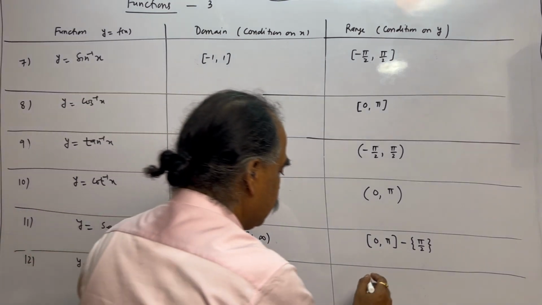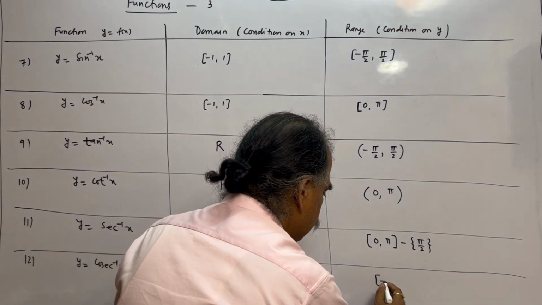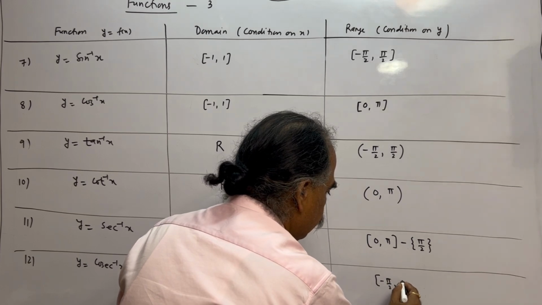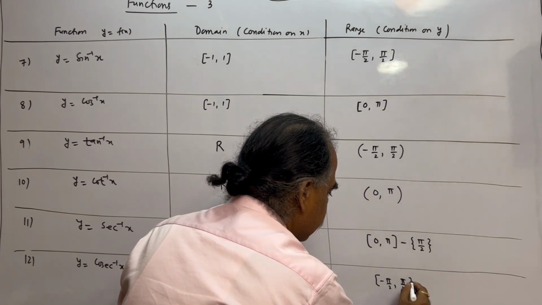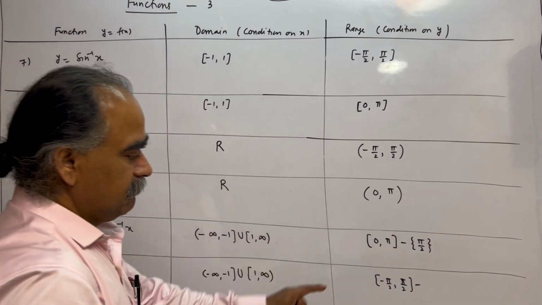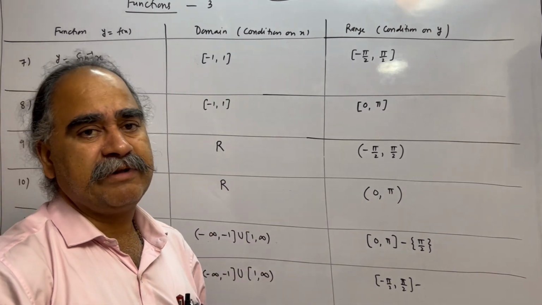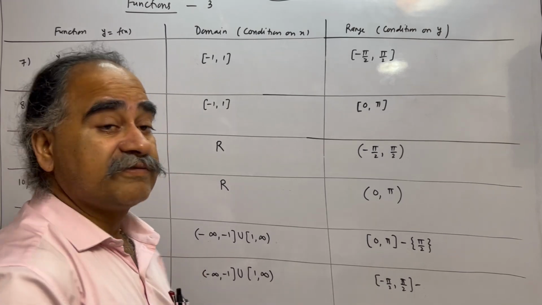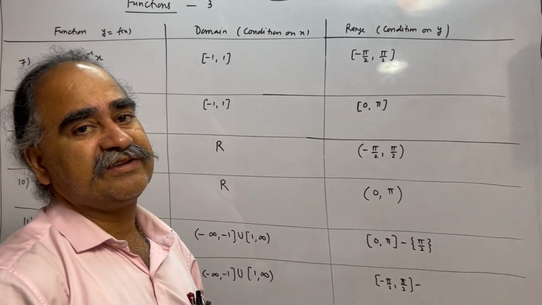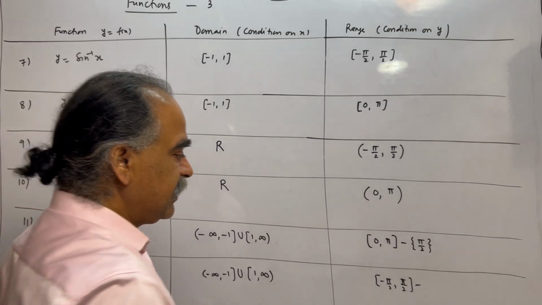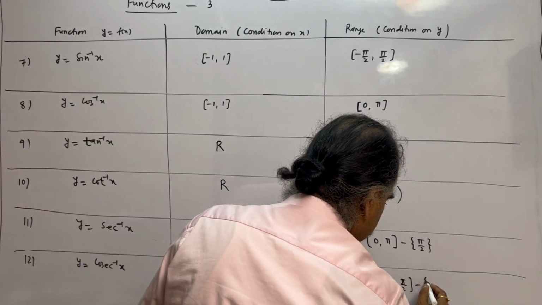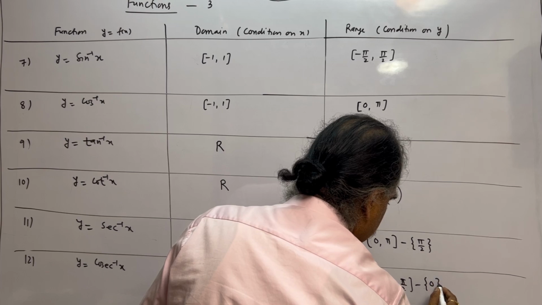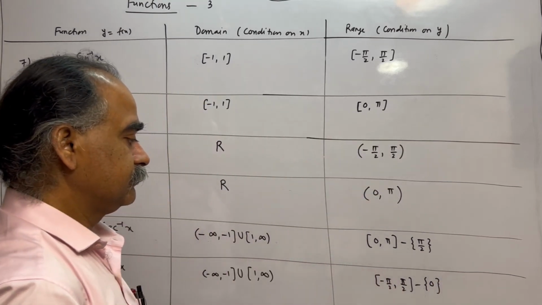And range is minus pi by 2 to plus pi by 2, closed interval. But between minus pi by 2 and plus pi by 2, 0 lies. And sine 0 becomes 0, so cosec 0 is not defined. So we have to subtract 0, except 0.